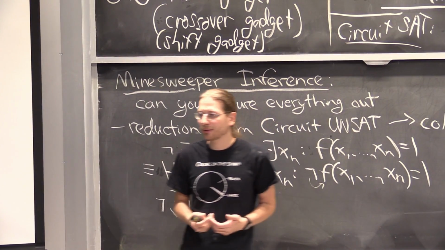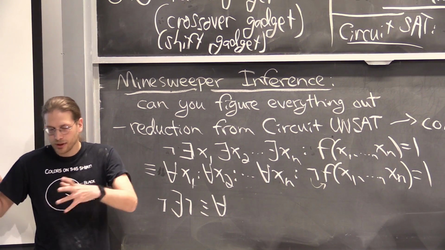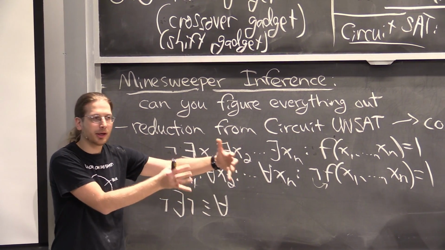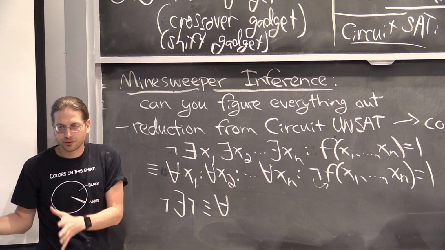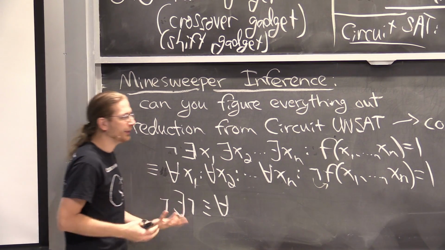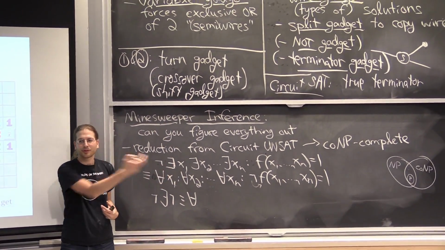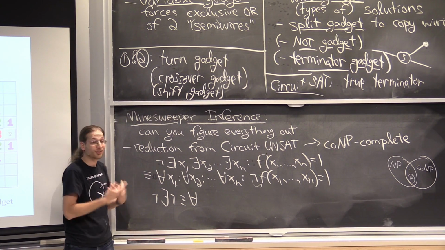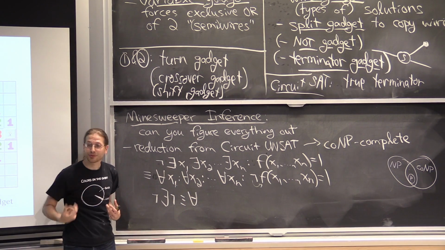In this class, we think about reductions as being one-call reductions. You take your problem, you map it so that when you solve this new problem, it has exactly the same solution to your original problem. If you instead think about multi-call reductions, where you can make calls to an oracle that solves the target problem multiple times and then do stuff with it, you could, for example, call that thing, then negate the answer and return that.